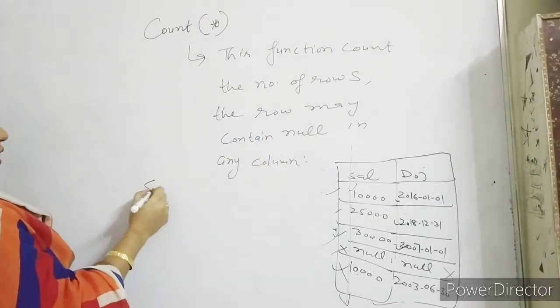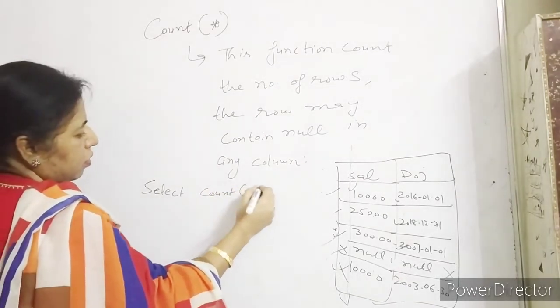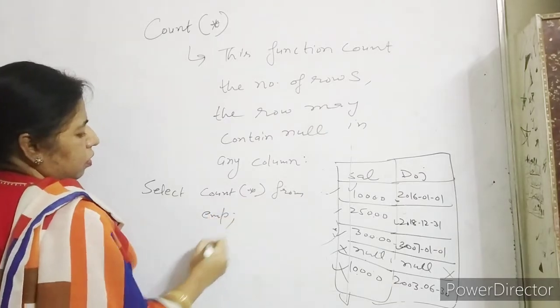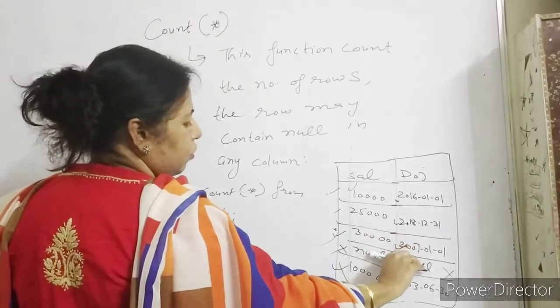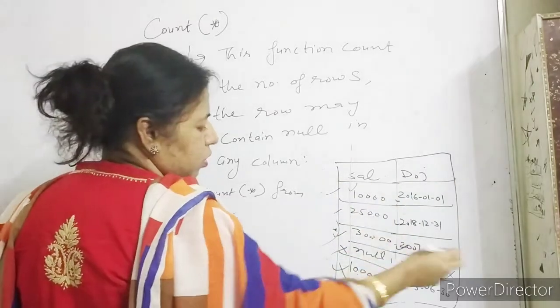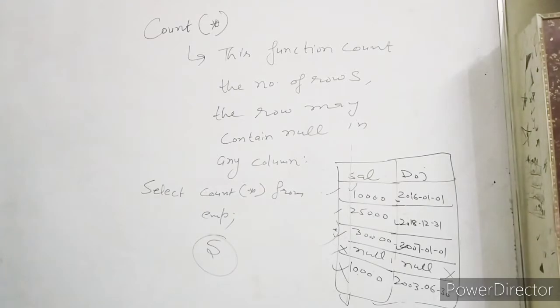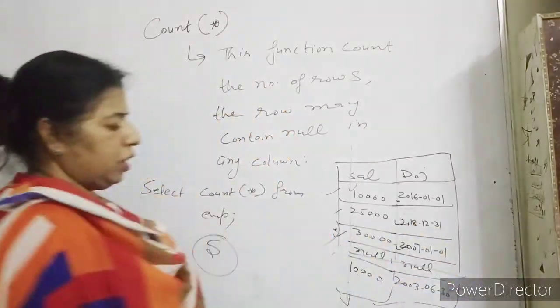Clear? If I write select count star from EMP, you have to count like this: 1, 2, 3, 4, 5. Count the number of rows. It means we have the count 5. Now we will consider this row also, whether it is null.